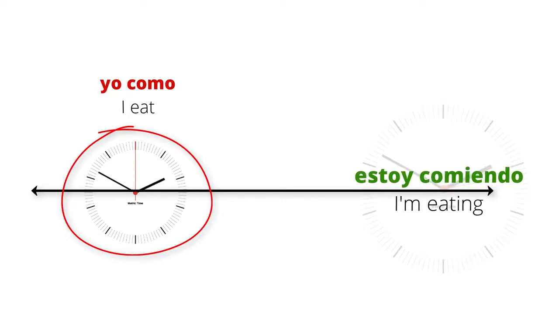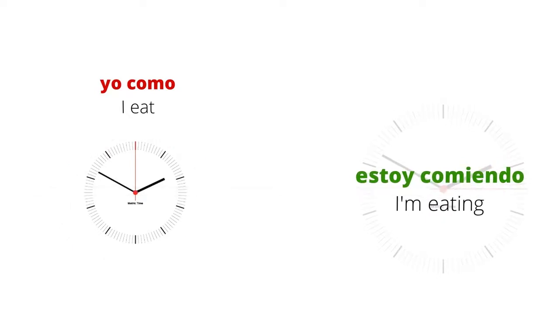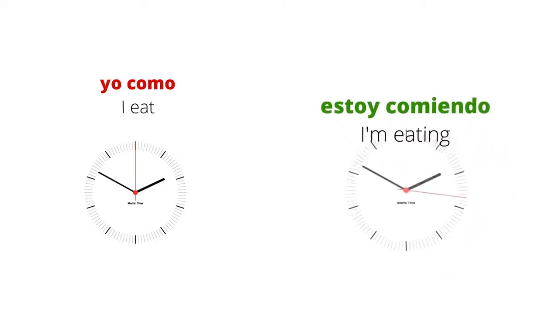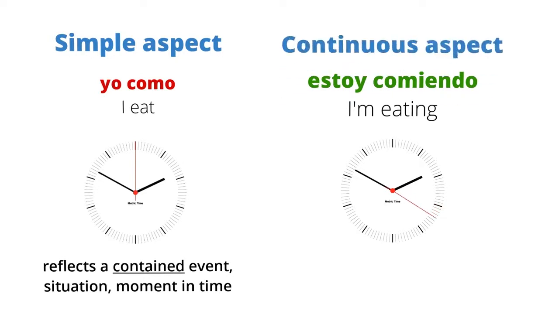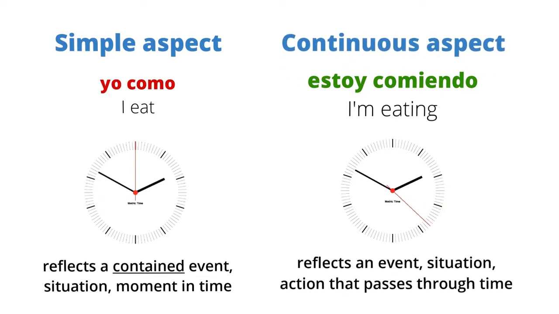And this is what we call the progressive or continuous aspect. All right, the point is, simple aspect pays no attention to the passing of time, and it doesn't reflect it in the conjugation. But the progressive/continuous aspect considers the action in relation to time passing.